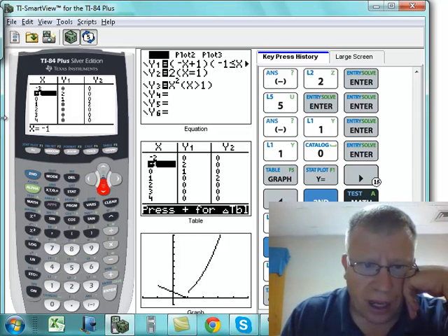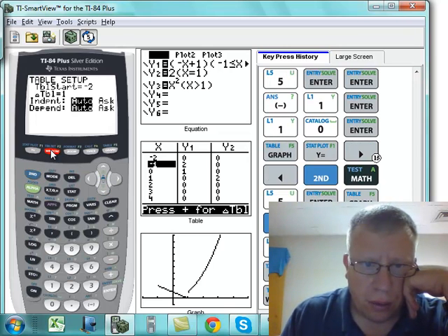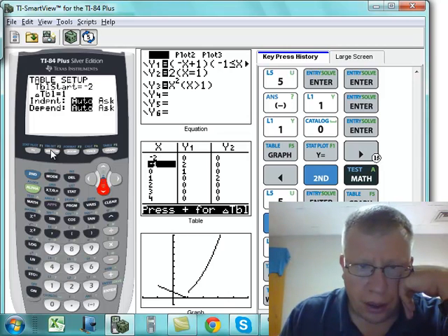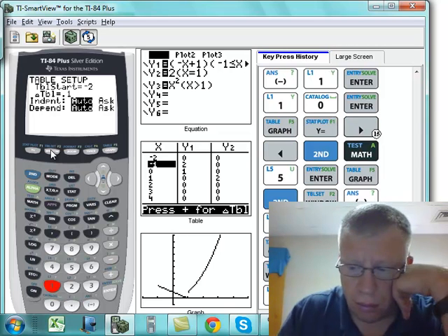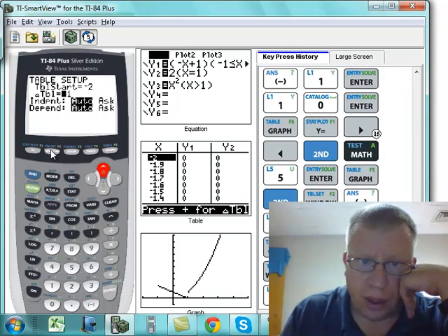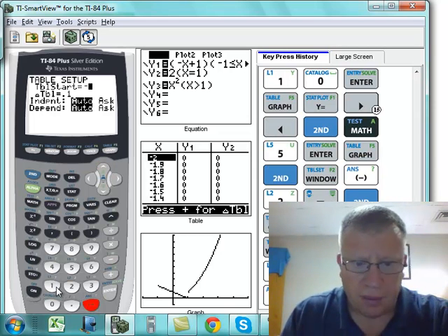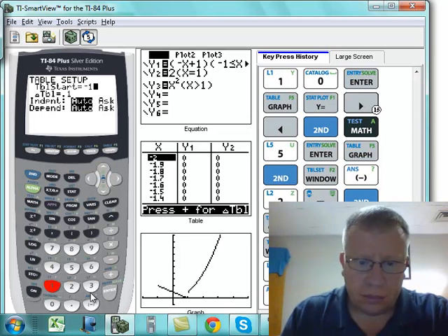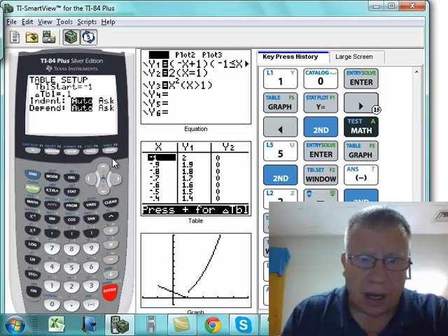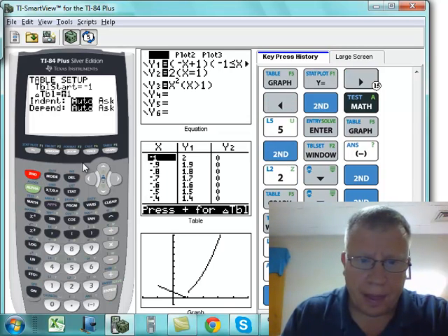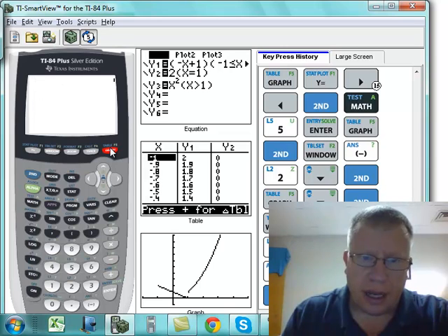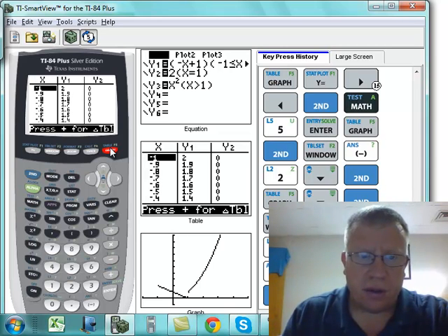In fact, let's go back over to table setup. And let's do delta table being, say, 0.1. Enter. And maybe we could have the table start off at -1. Enter. And now go back into the table menu and take a look at the action of this function.